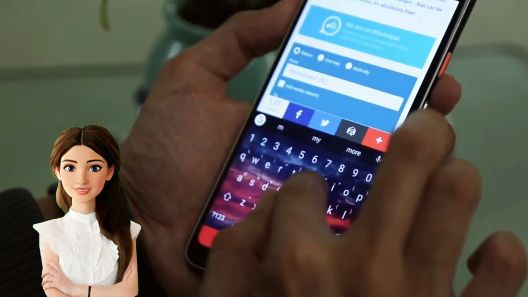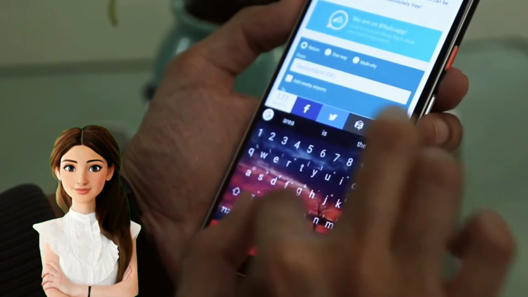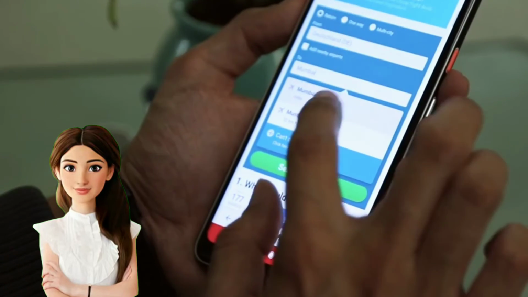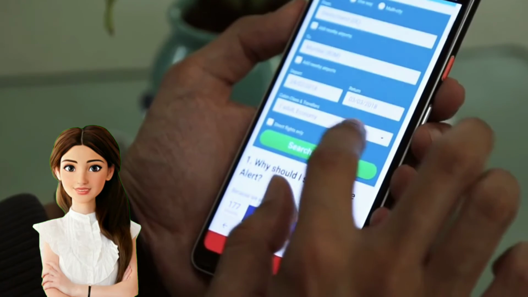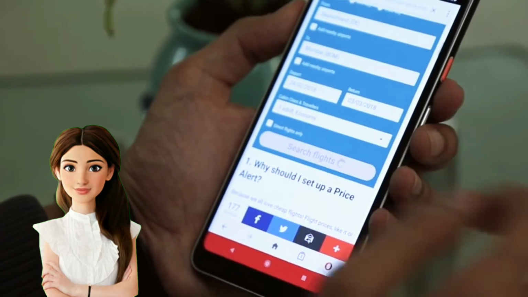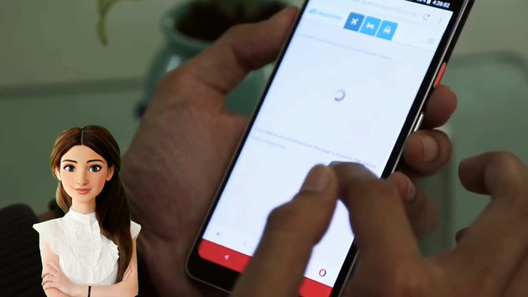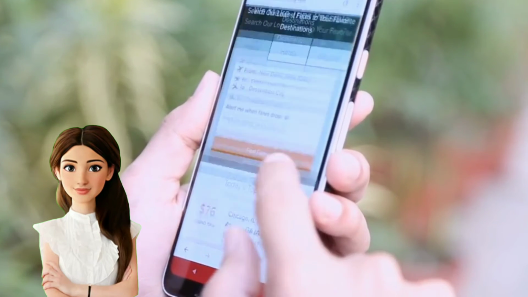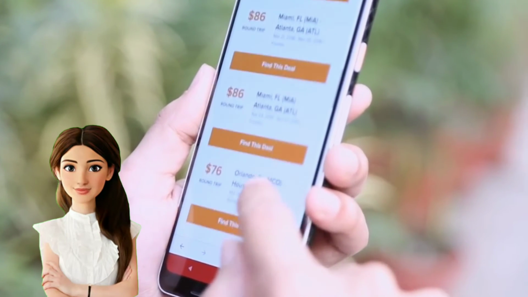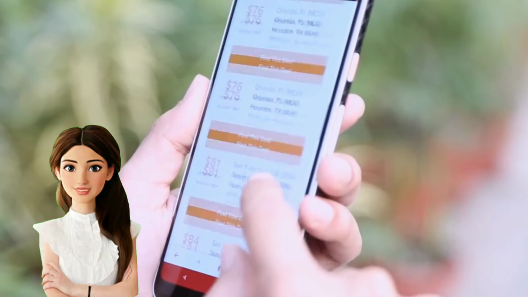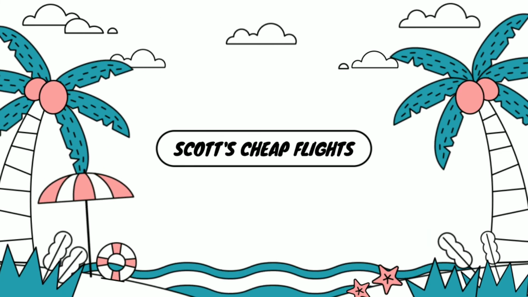These services are not motivated by commissions. That means they won't be recommending flights that earn them more of a fee rather than flights that are actually cheap.